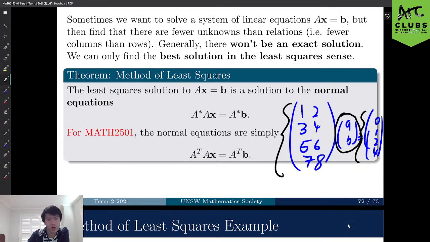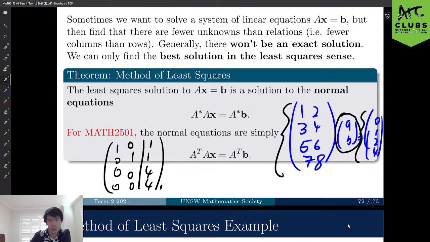So the reduced row echelon form might look something like this, and you might have something like this on the end. It's just an example, this is not actually the row reduction. But the point is that sometimes you can't solve an equation.